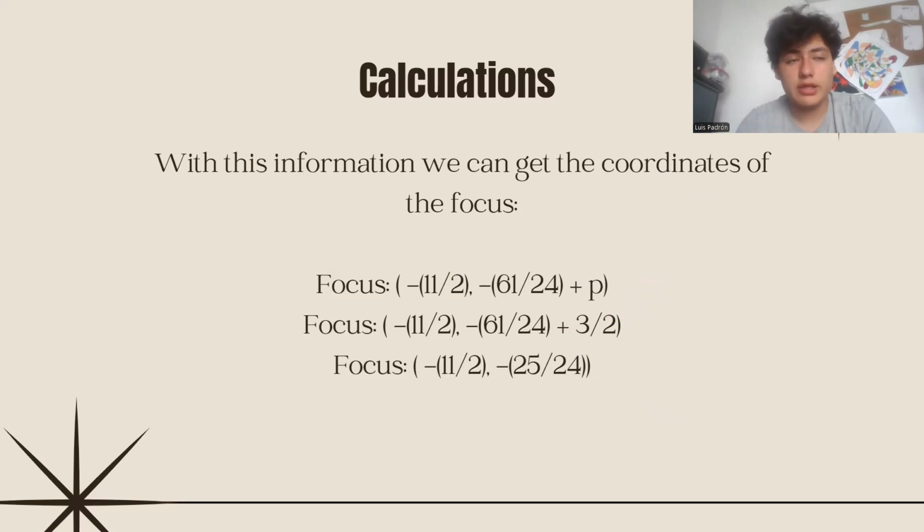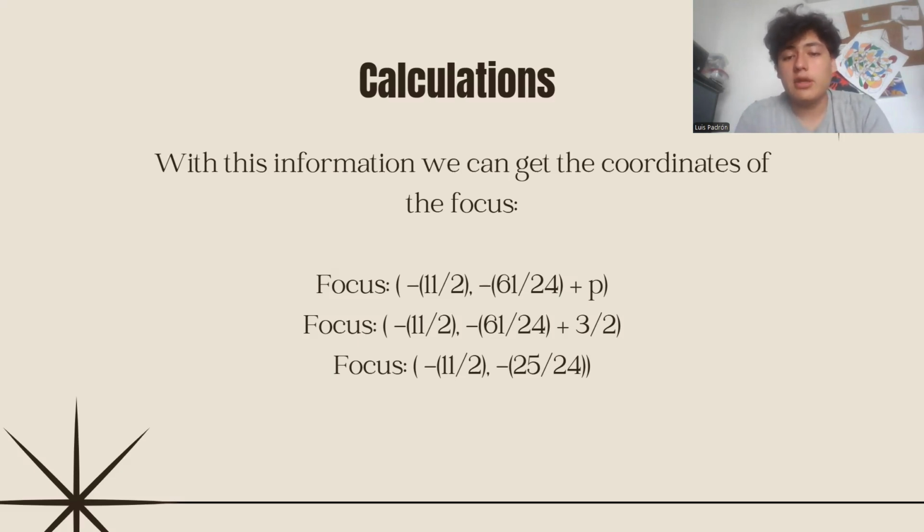Because since x is the one that's squared, we know that the parabola goes either upwards or downwards. And since p is positive, the parabola opens upward, meaning that it goes from up to down and again up. Knowing that, if the vertex is here, the focus must go upwards. That's why we add p to the y value.